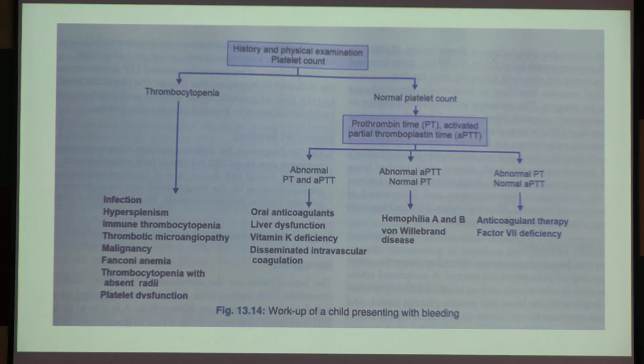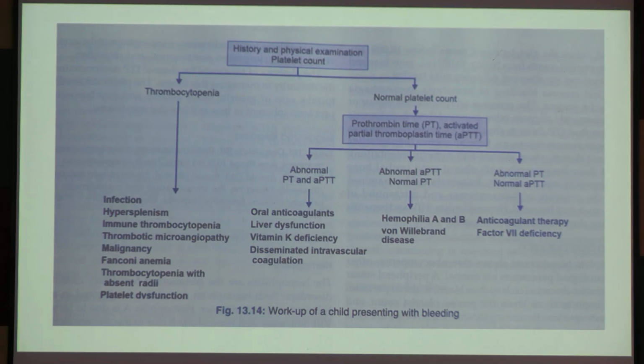So if there is thrombocytopenia, what are the causes? Maybe it is a case of a child who presents with bleeding or rash, purpuric rash, okay. So if we get thrombocytopenia, what are the causes? These all are differentials of ITP.